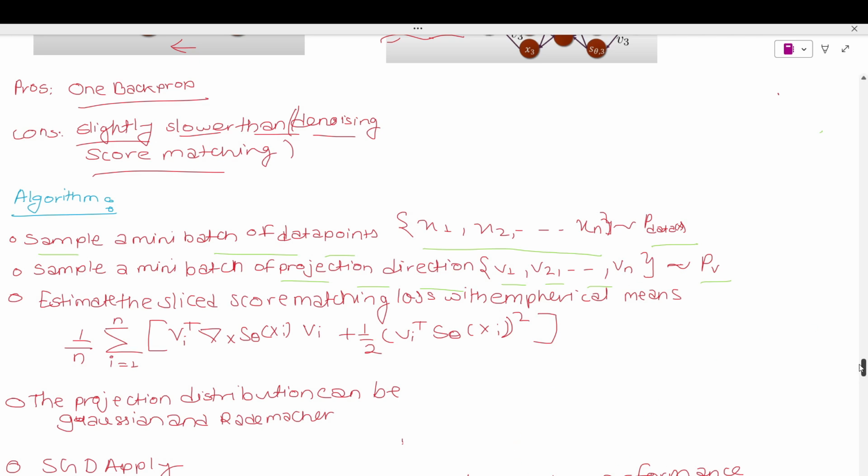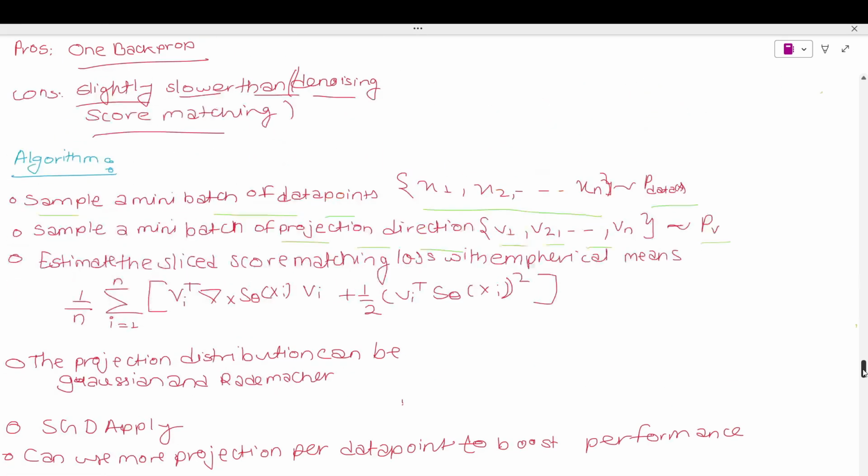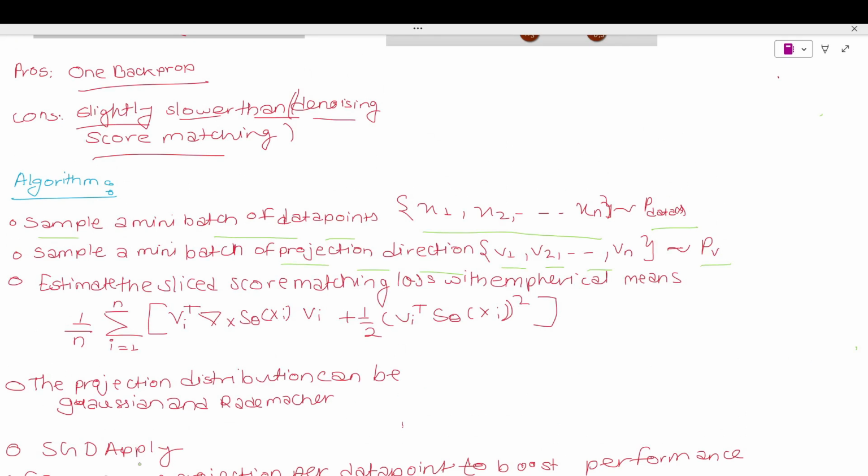You can sample just one projection also, one is sufficient, but if you want to boost the performance, you can use more projections.